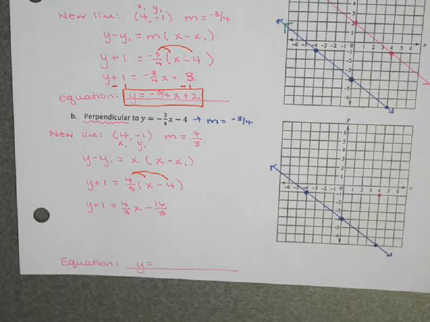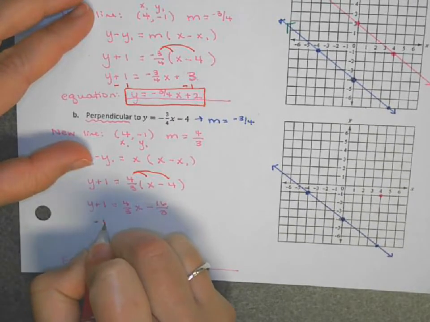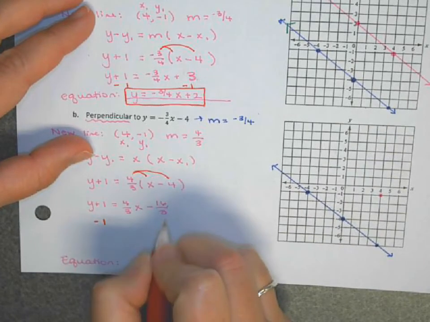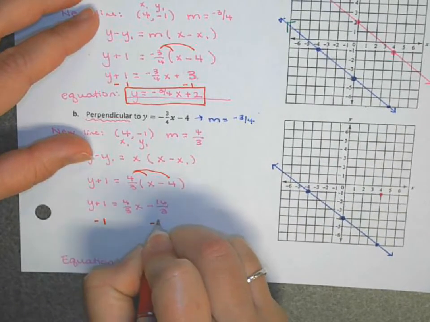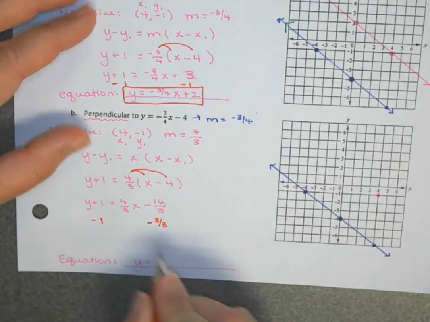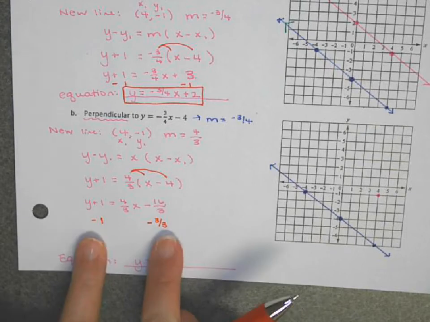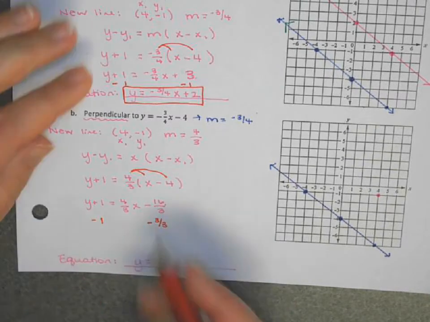When you have a fraction here, we're going to have to subtract 1 on both sides, but you can't necessarily subtract 1 from 16/3, so I'm going to write it as 3 over 3. 3 over 3 is the exact same thing as 1, correct? Okay, I came up with my common denominator for that one.